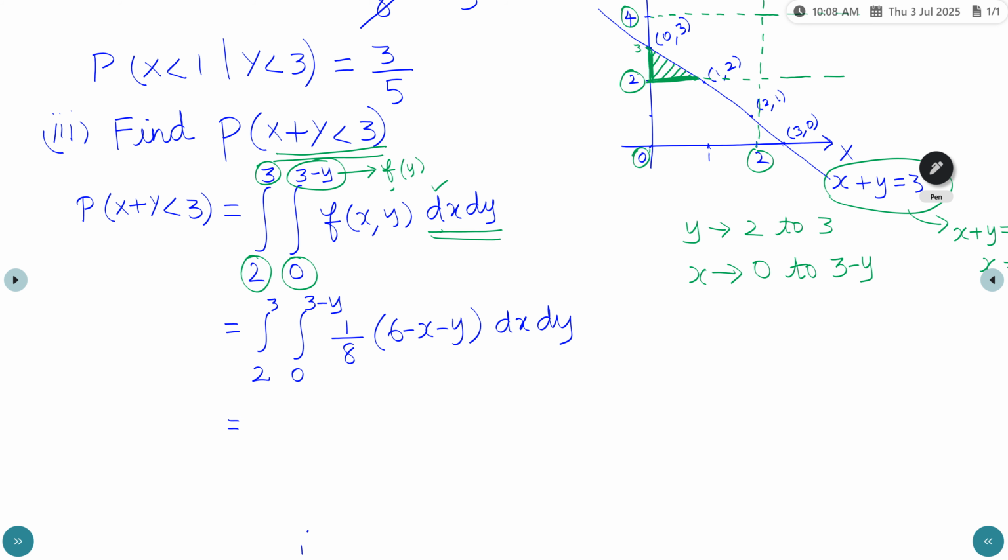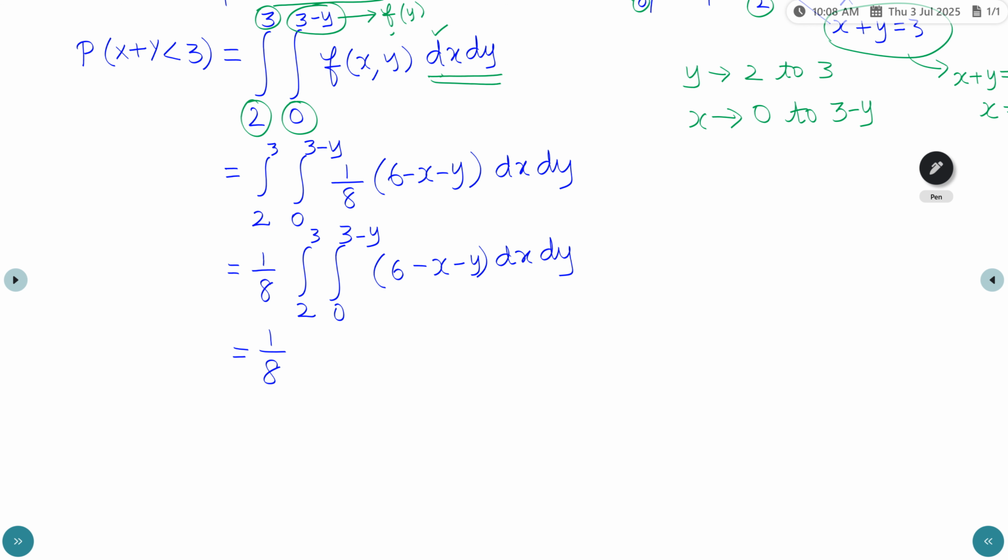So we can take the constant 1 by 8 outside, the remaining term integral 2 to 3, 0 to 3 minus y of 6 minus x minus y dx dy.